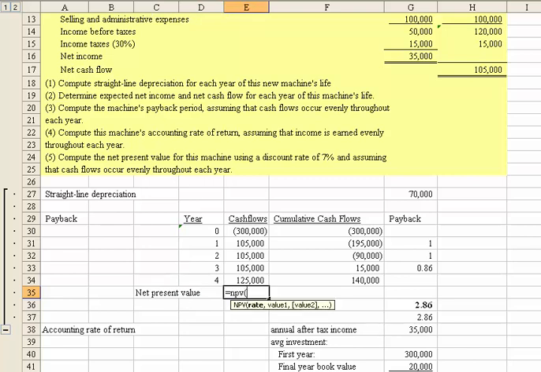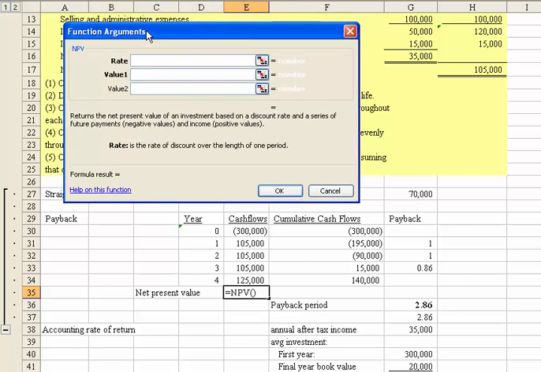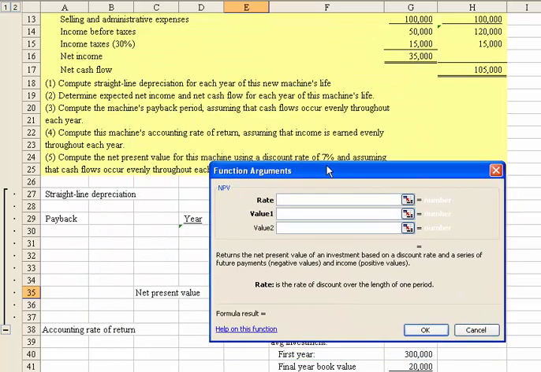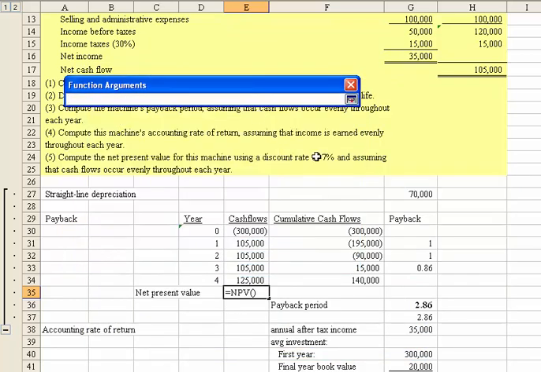I'm going to hit the formula bar. Now that won't appear very nicely on your screen, so let me move it. We're going to need the rate, and in this problem we assume a 7% rate right above my mouse. I realize I'm moving that. So since I don't have any place to take it out of a cell, I can simply type it in.